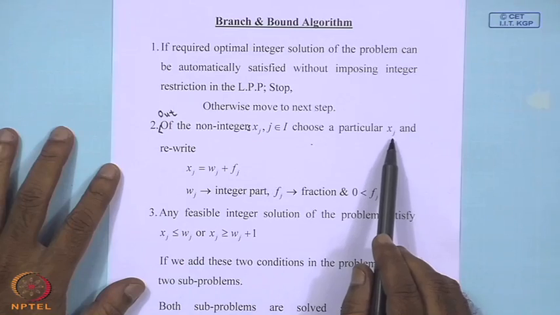Please note this. Whenever you have a non-integer value, you have a fractional part. So, if more than one variable's value is non-integer, you choose the variable which has the maximum fractional part, and if there is a tie, you can choose any one of them arbitrarily.